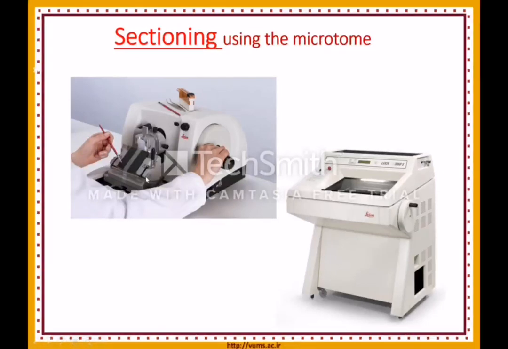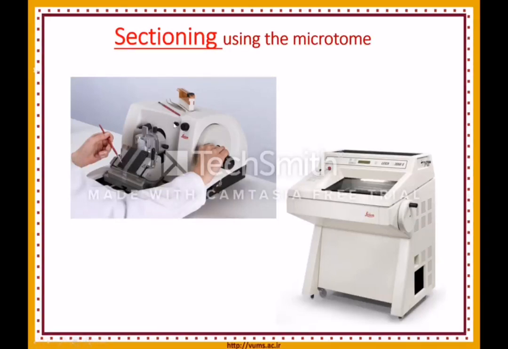This is a microtome that has one place for putting the specimen embedded in the paraffin. This is a handle that we turn, and with each turn the tissue passes the knife one time and is cut in microns.